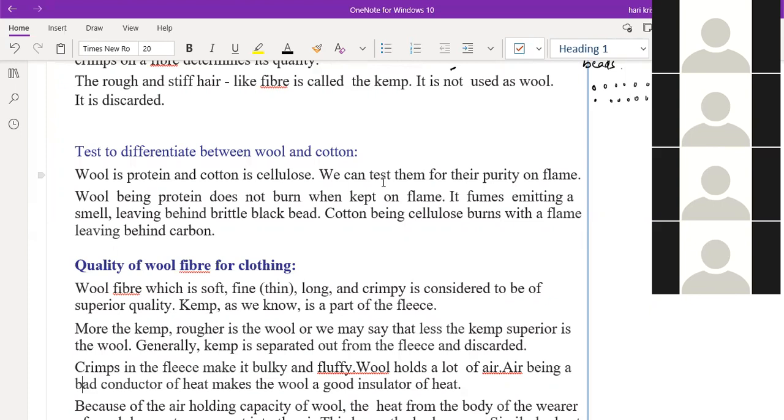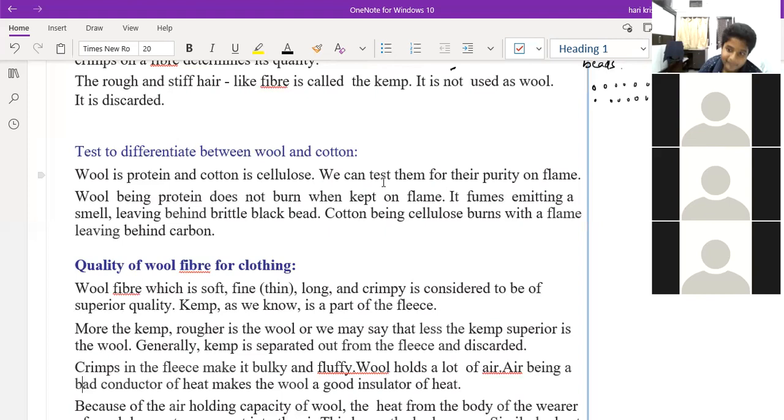Suppose you can't identify further, take a small piece of the wool and a small piece of cotton and burn them. When you burn the cotton cloth, you get the smell of burning paper.